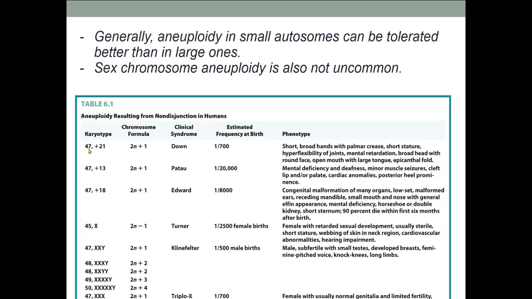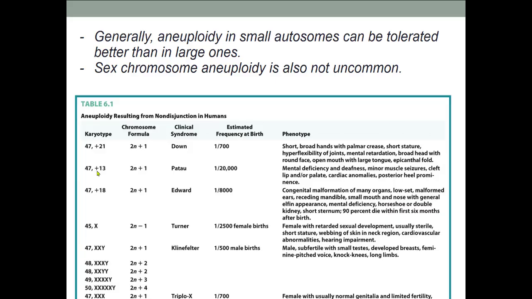So the extra one of our 47 is a 21. That clinical syndrome is called Downs syndrome. Estimated frequency according to this table is 1 in 700 births. Phenotype over here shows that pleiotropy I was talking about. Lots of different aspects to it and a wide range of severity.